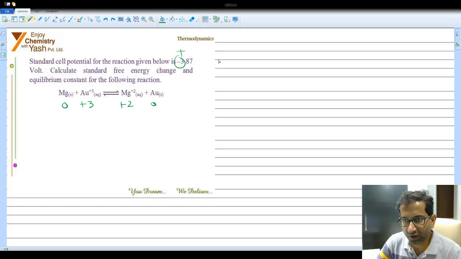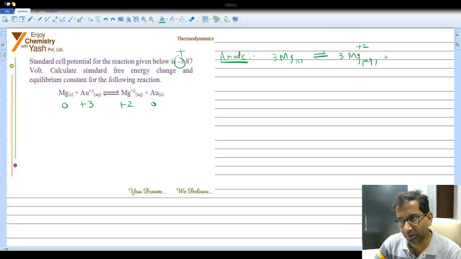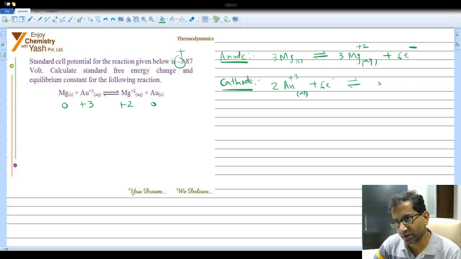Okay. Now anode. I will write 3 Mg solid reversibly 3 Mg plus 2 aqueous plus 6 moles of electrons. Cathode: twice Au plus 3 aqueous plus 6 moles of electrons, reversibly twice Au solid.